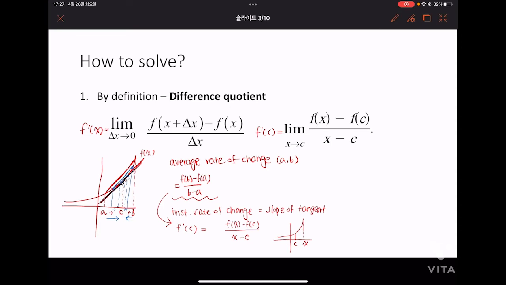Then we want to make x approach c so that we can calculate the tangent line, the slope of the tangent line. So we take the limit as x approaches c. By using this equation, we can calculate the instantaneous rate of change of this function at point c.